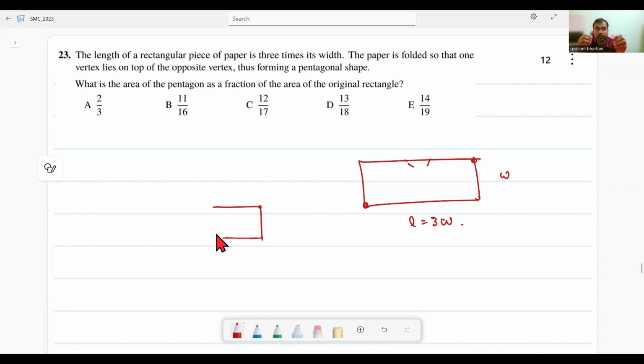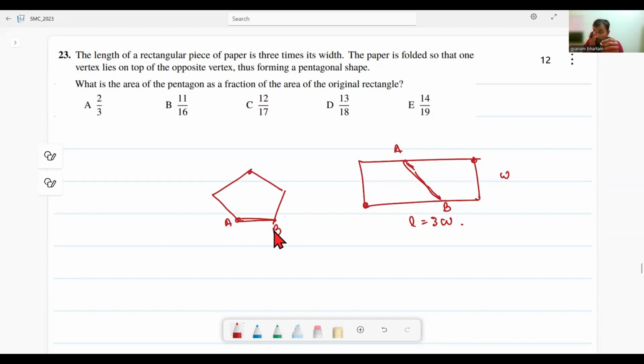I'll draw it the same way. If those two points are joined, we have this folding line, and if we join it, this line AB will be the line of folding.